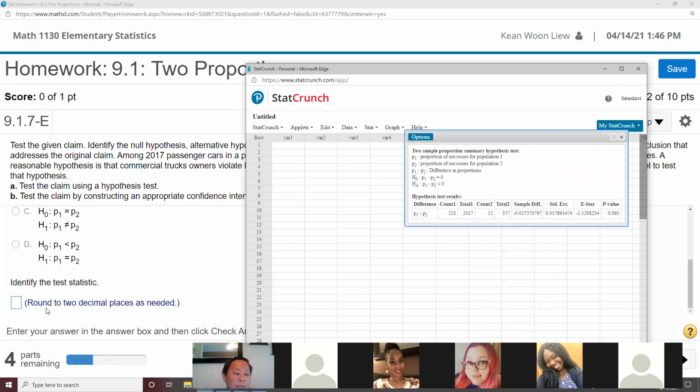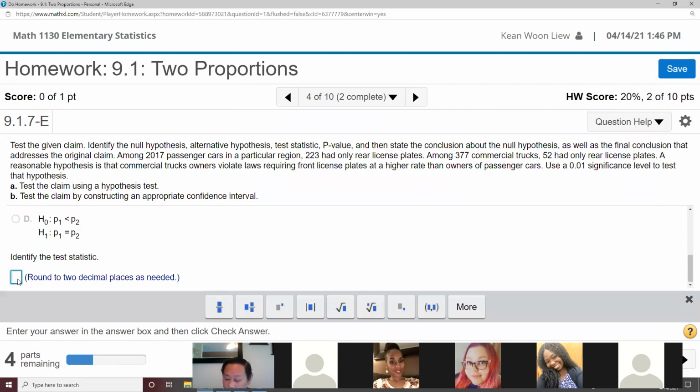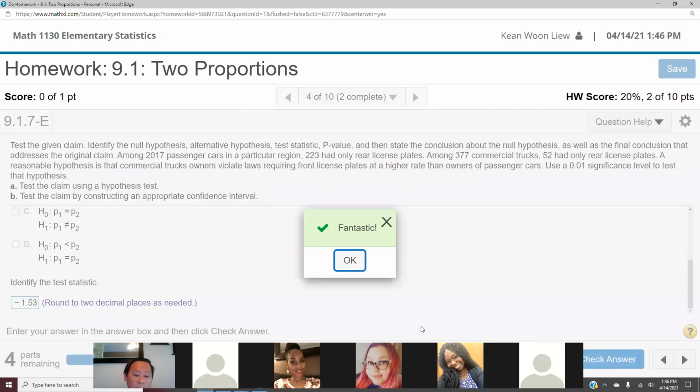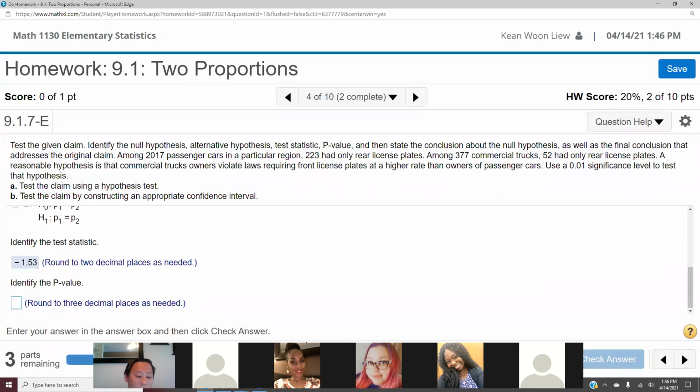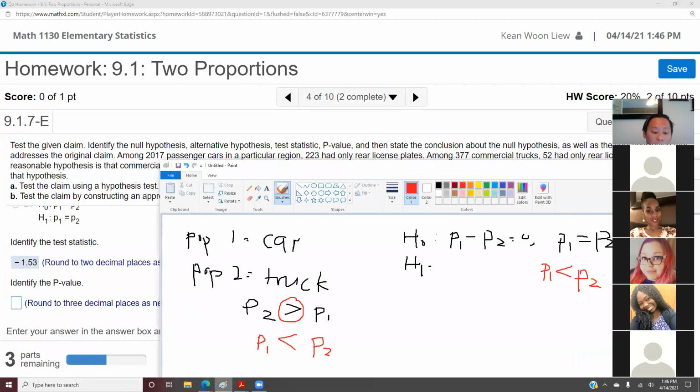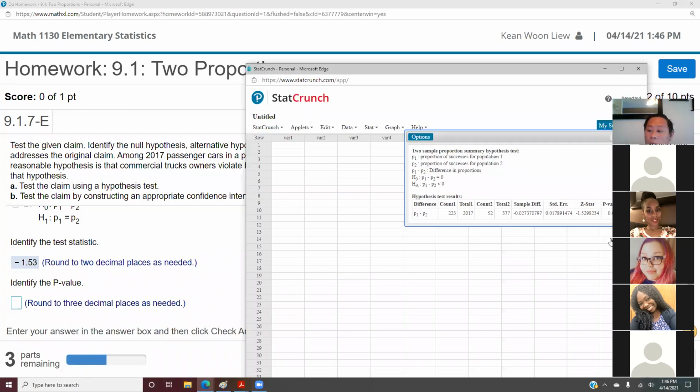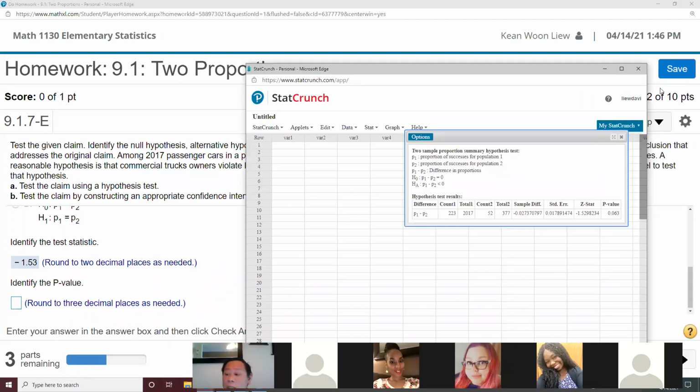For your test statistic in 2 decimal places, it is negative 1.53. And then the p-value will be next. They will ask you to do the p-value in 3 decimal places, 0.063.